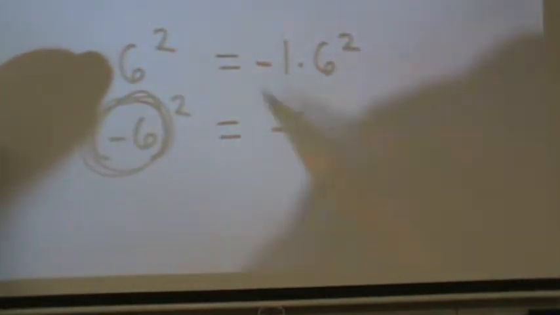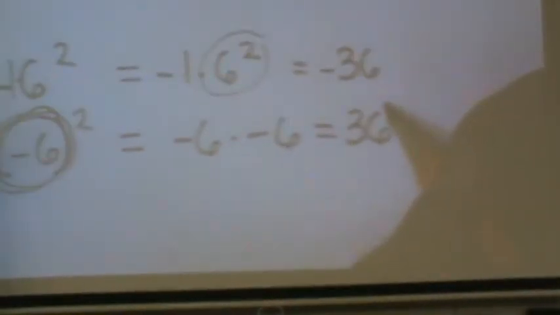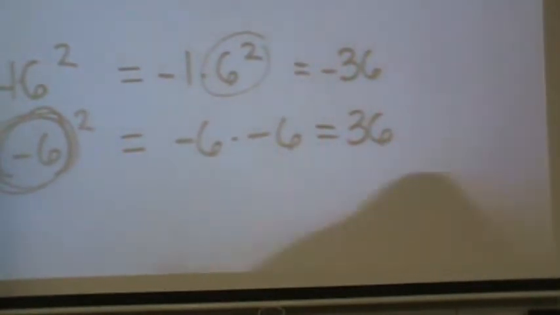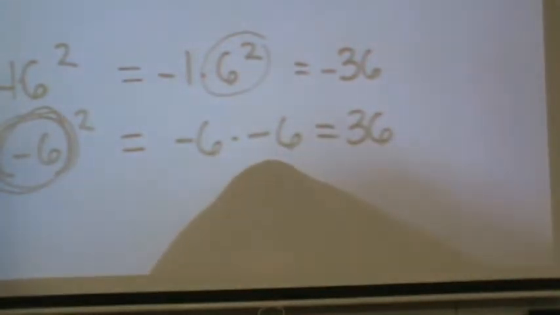Only the 6 is squared. Think of a negative 1 in front. So this is going to be 36, and 36 times negative 1 is negative 36. Now, are these two numbers the same? No, they're different. So if there's a parenthesis, you're going to also raise that negative number to that power. Otherwise, don't do it.